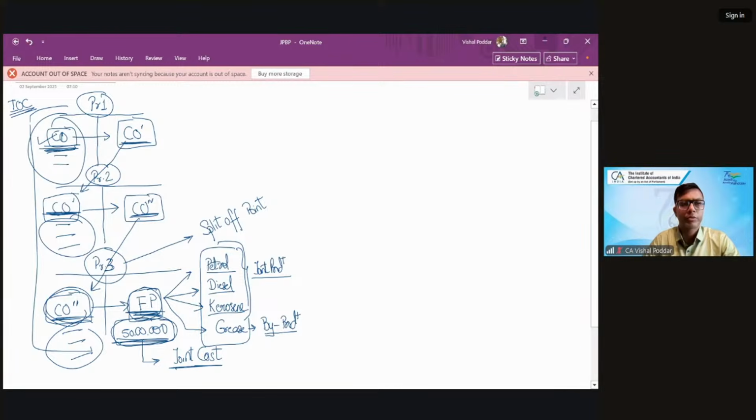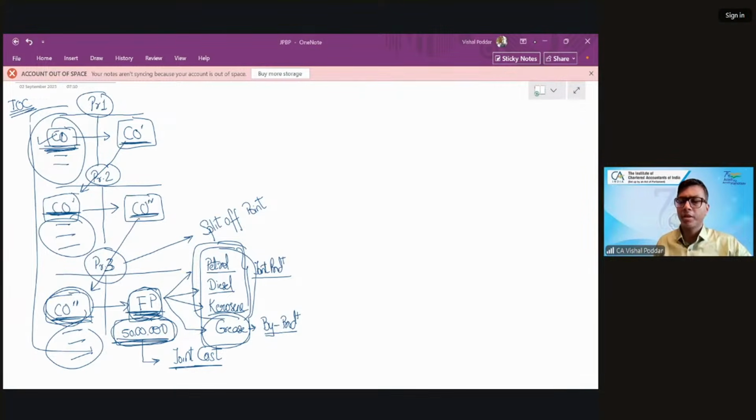And from this joint cost, you made all these products, and this byproduct was also produced, correct? You'll agree that this byproduct was also produced because it arose from this same process only. So you can say it, Meenu, that yes, the joint cost also includes the cost of the byproduct, because the byproduct is arising from the same process, from the same raw material.